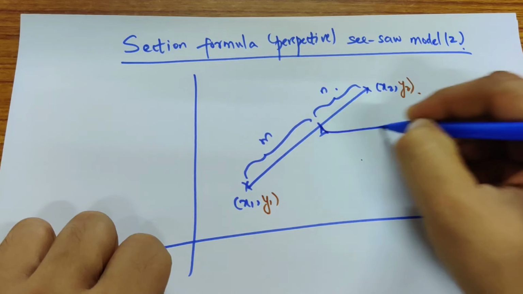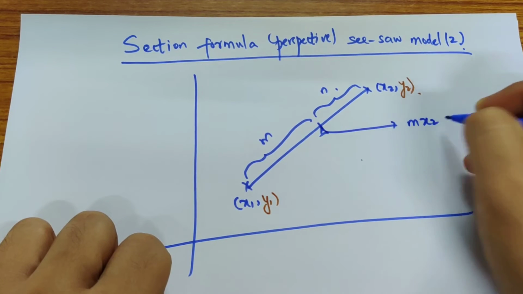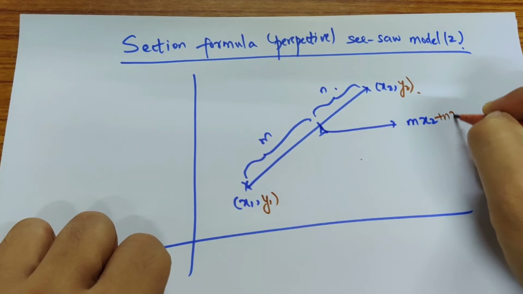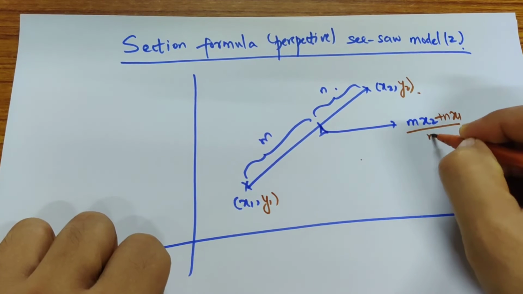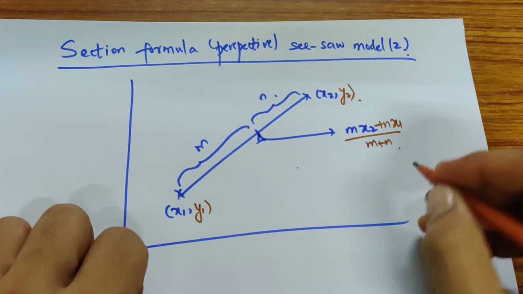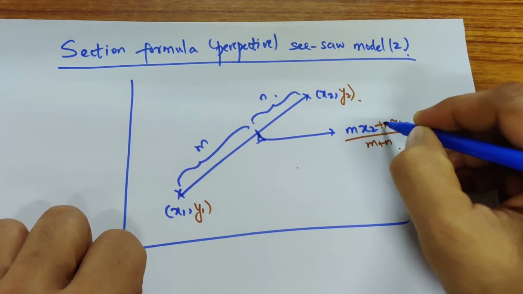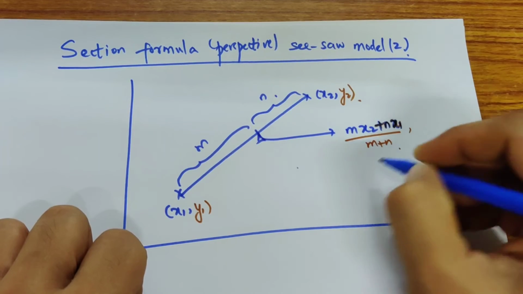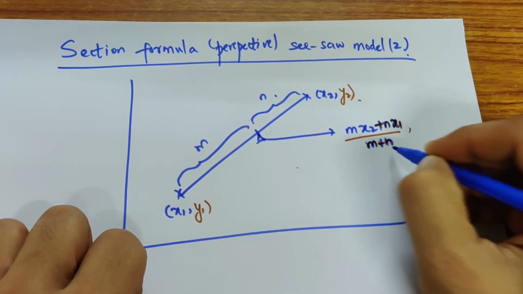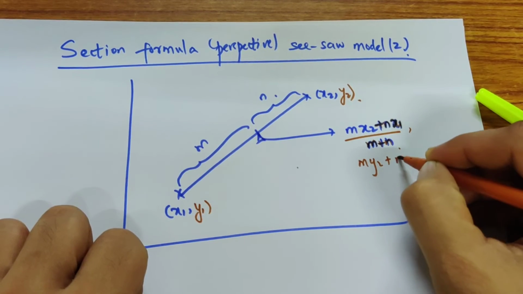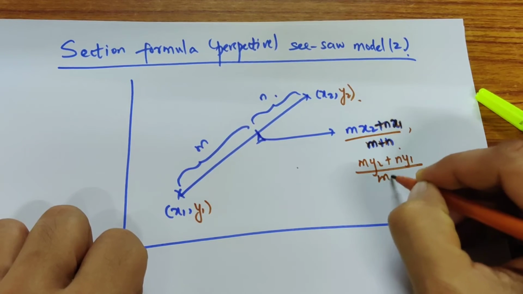So the same idea, that it's m times x2 plus n times x1 divided by m plus n. Sorry, they are all x1. And m times y2 plus n times y1 divided by m plus n.